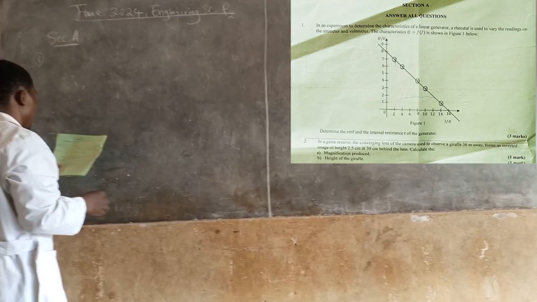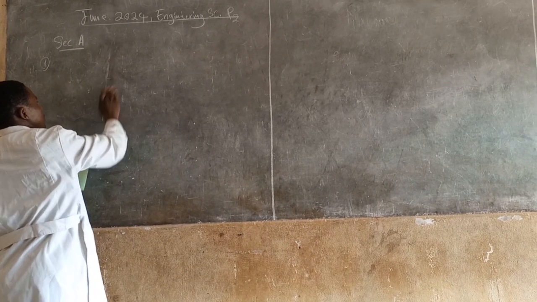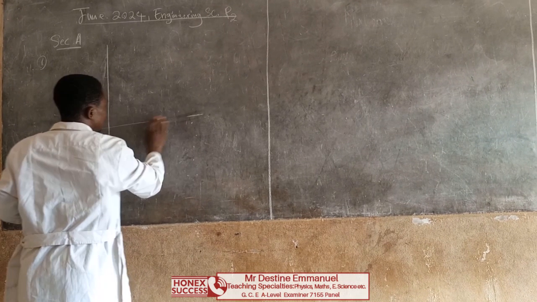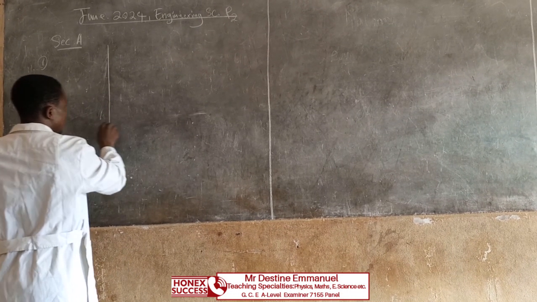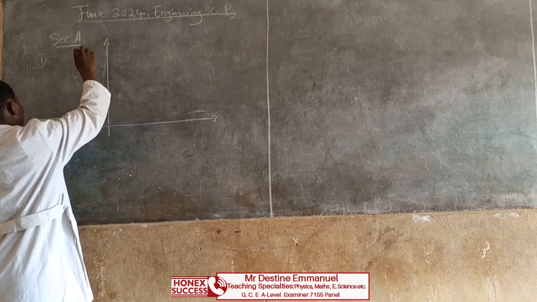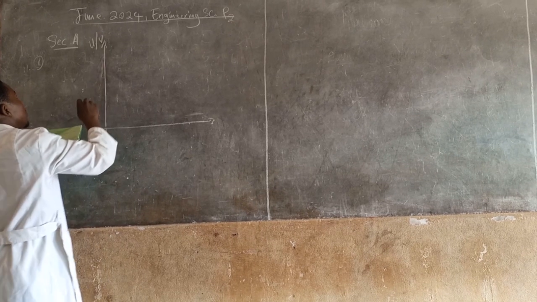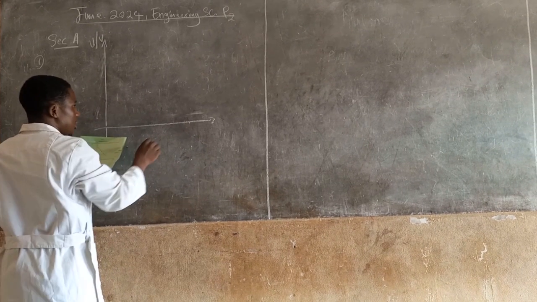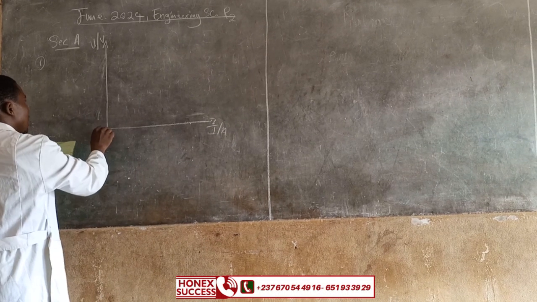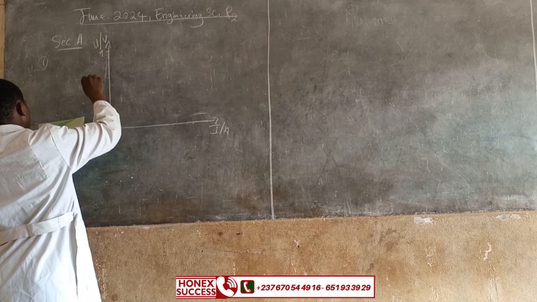In figure 1, let me sketch it. We have a graph of terminal PD, measured in volts, versus current in amperes. Here we have 0, and here at the top we have 9.